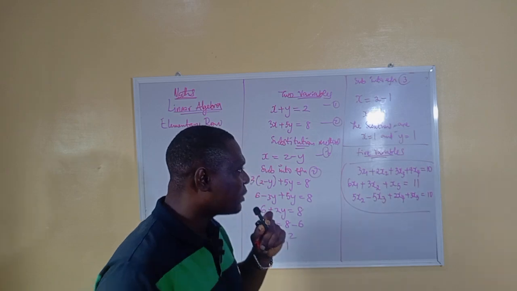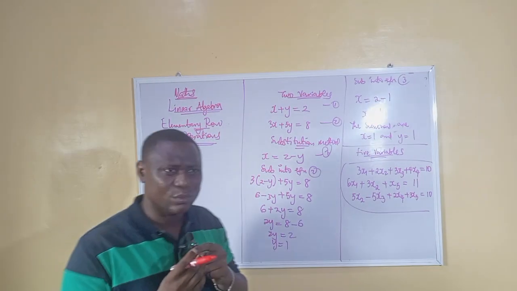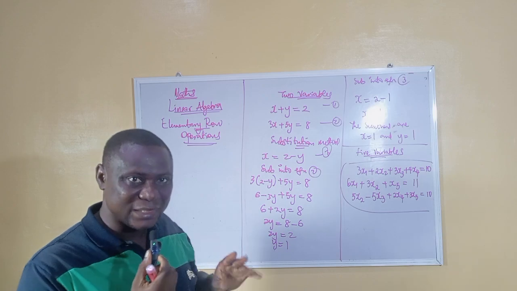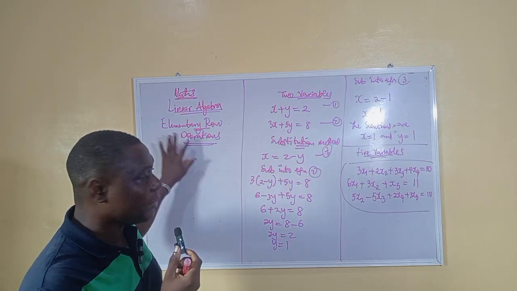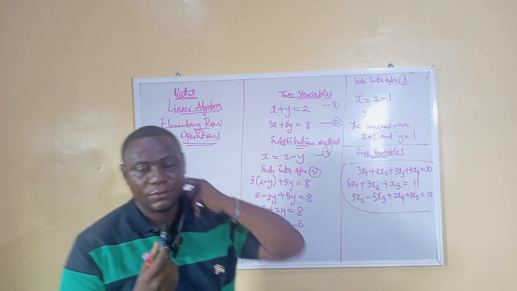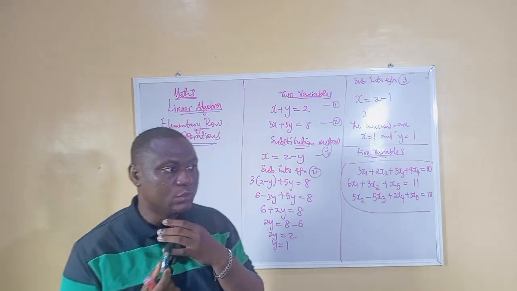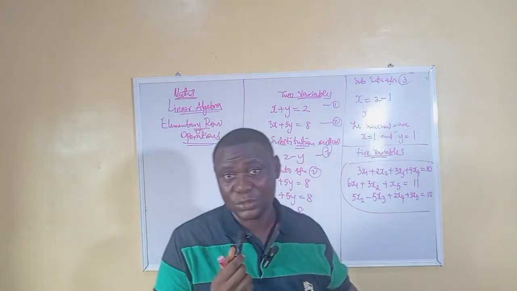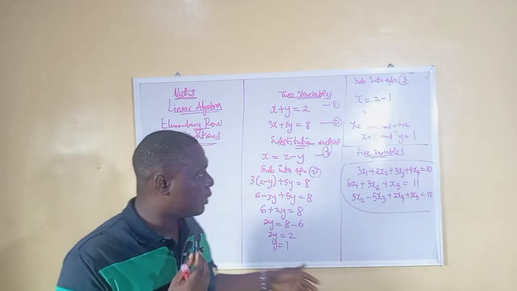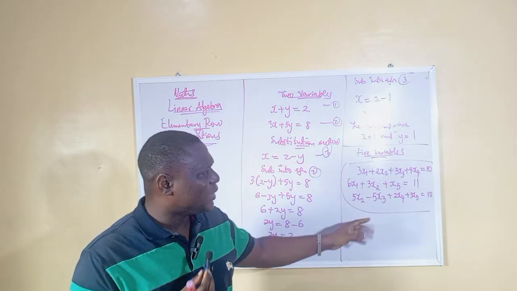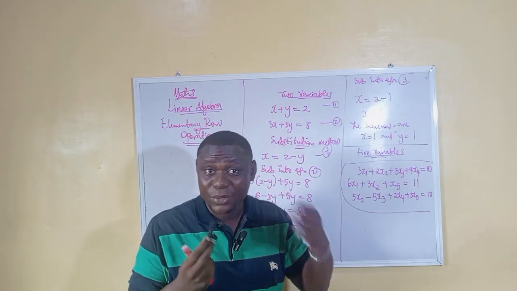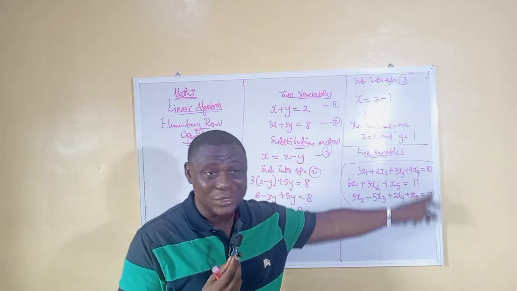For once, I want you to appreciate why we need to learn elementary row operations. I want you to see the need for going to the reduced row echelon form, which I'm going to be introducing as we progress in this course. If you look at this, there are five variables: x1, x2, x3, x4, x5, and there are only three equations.